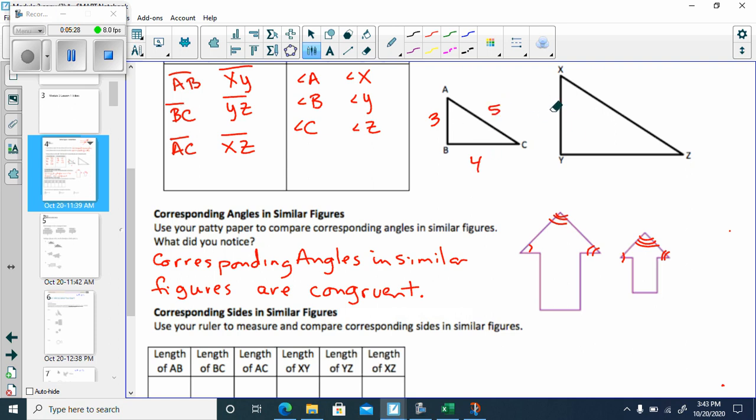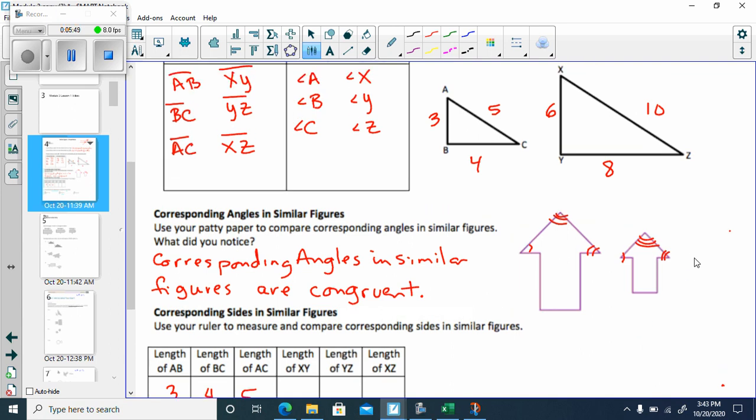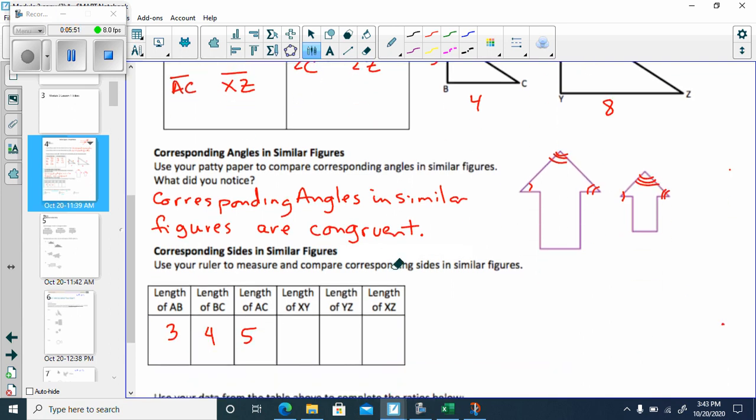If this side corresponds to this one, let's say this is 6, 8, and 10. Now, let's talk about the lengths of these corresponding sides. The length of AB is 3. The length of BC is 4. The length of AC is 5. The length of XY is 6. The length of YZ is 8. And the length of XZ is 10.